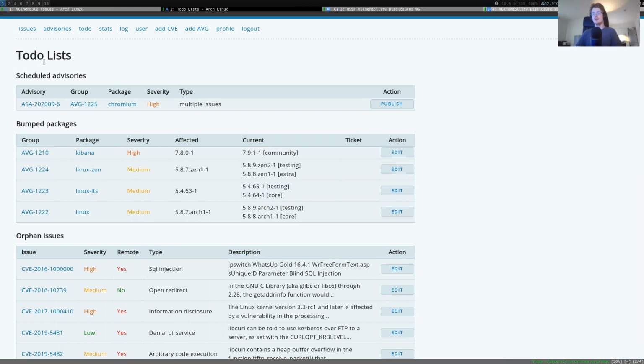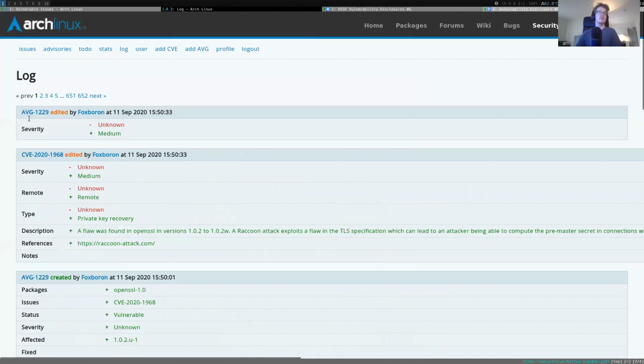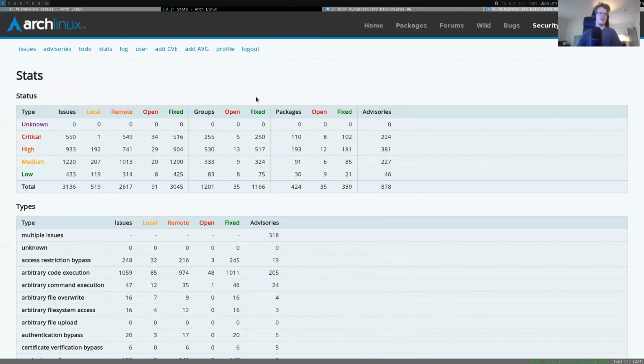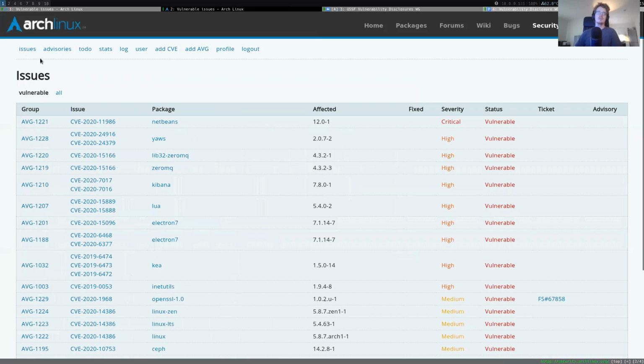All of this also has a full REST API, which allows us to provide some tooling to the community. We also have a complete audit log of everything that happens. So we know who added stuff, who made different changes. And this has been running since 2016, I think, and we have published around 878 advisories on this platform. So this works well for us.